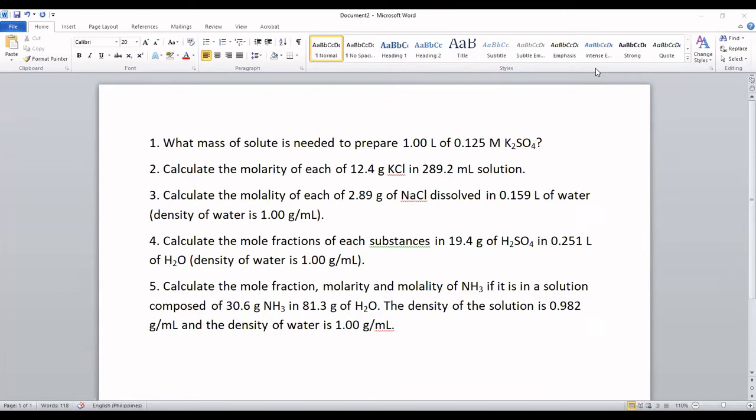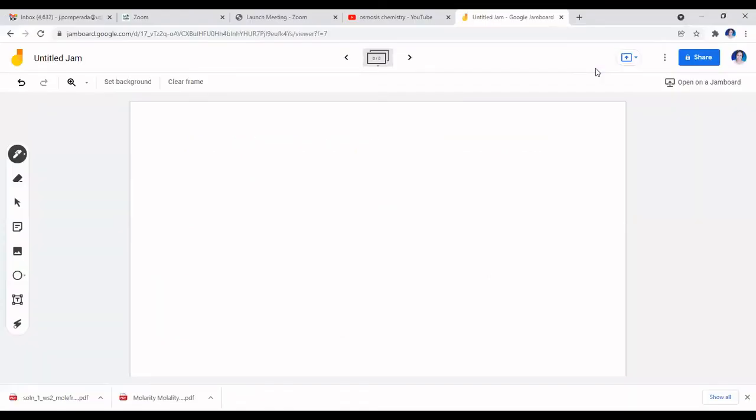And we go to our fourth example already. We are given 19.4 grams sulfuric acid. So mass of sulfuric acid, 19.4 grams.